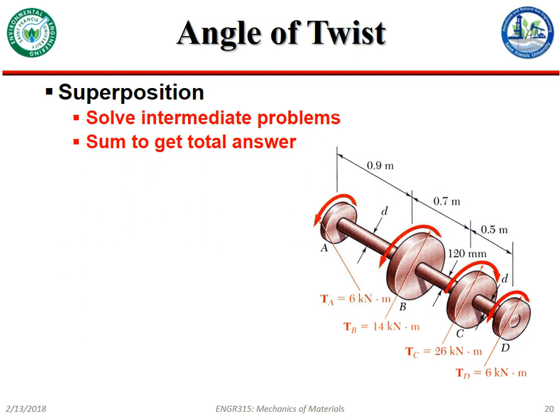The neat thing about superposition is that we're solving what are called linear problems, meaning that we can make this part of the shaft independent from this part of the shaft, so long as we apply the same loadings at each section.